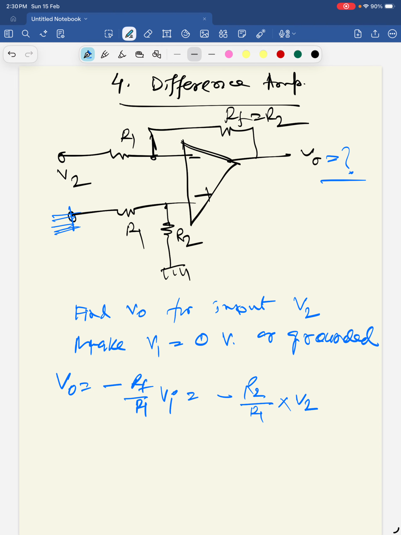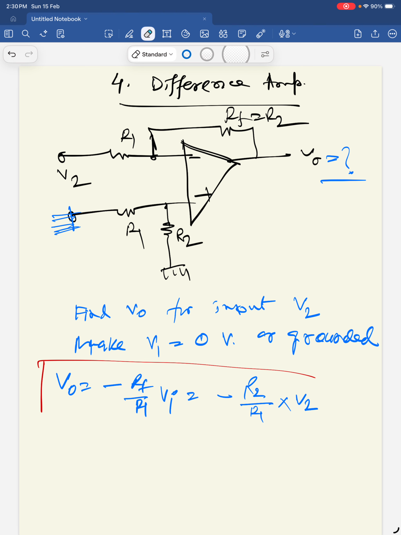So that is the output voltage. So this is expression number one, V0 for source V2. So we can say this is V02, because it is for source 2.